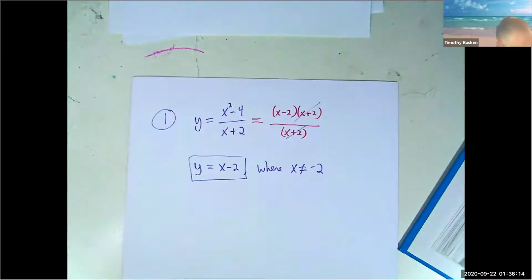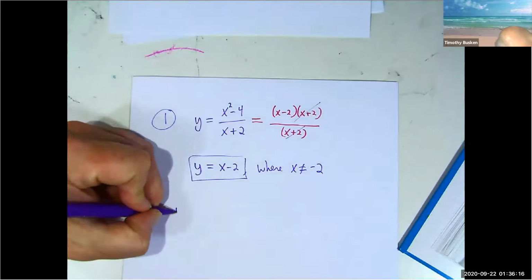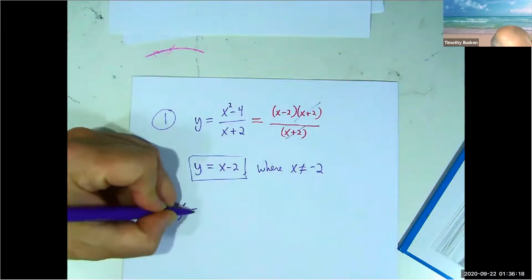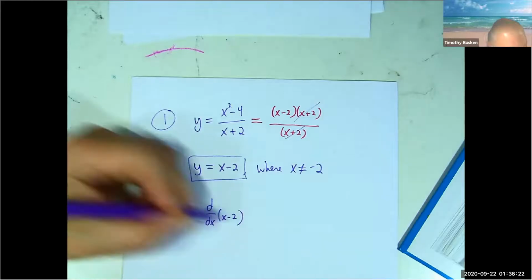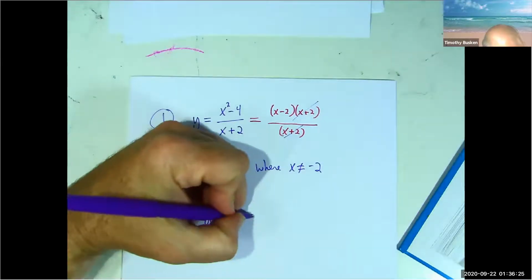Okay, so to find the derivative, that's y prime. That's just going to be the derivative with respect to x of x minus 2. And of course, that's just going to be 1.